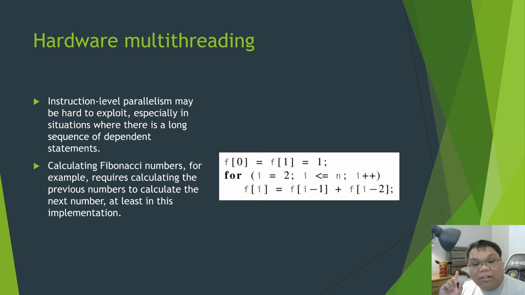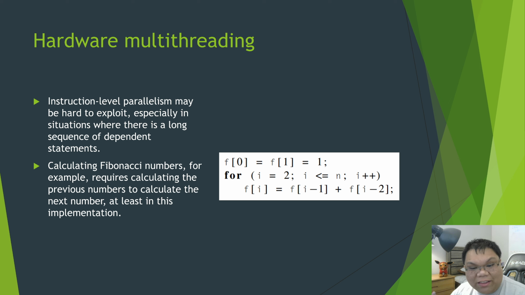This means if I want to calculate the 21st Fibonacci number, I actually need to calculate the first 20 Fibonacci numbers before that. Well, technically there is a way to skip that, but if we're going by code that looks like this, we cannot calculate the 21st Fibonacci number without first calculating the first 20. This also means there are certain types of for loops that cannot be parallelized.